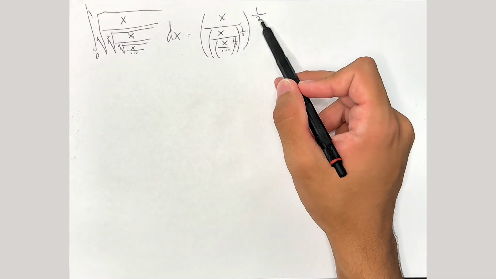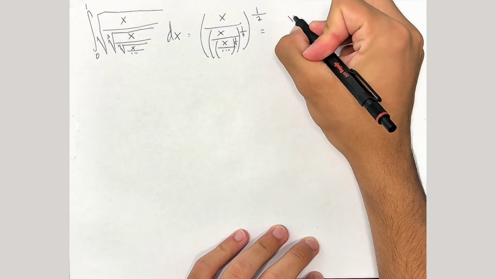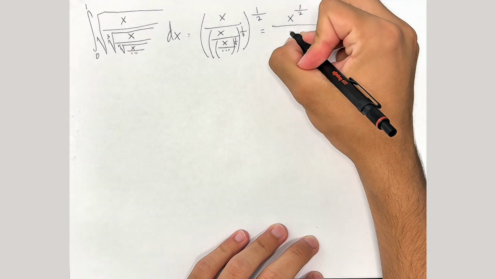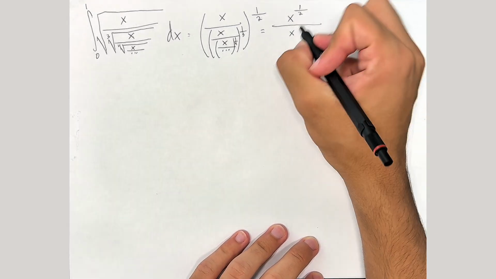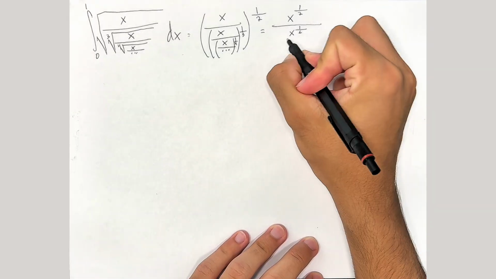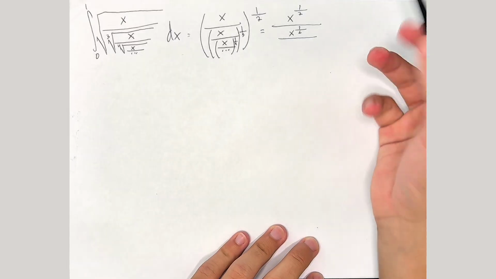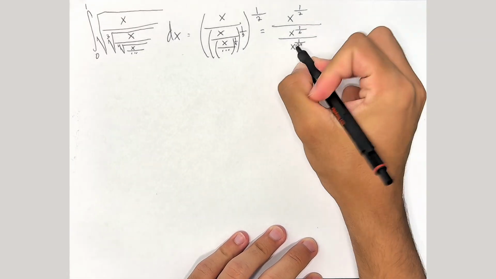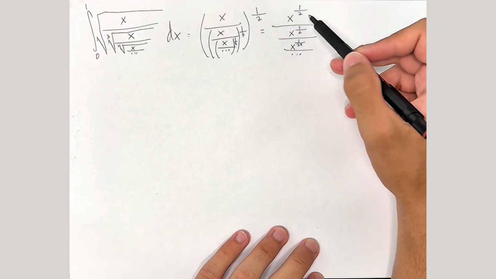From this we can then multiply the exponents and we get x to the 1/2 over x to the 1/2 times 1/3, which is 1/6, over x to the 1/2 times 1/3 times 1/4, which is x to the 1 over 24. And then this goes on and on to infinity.